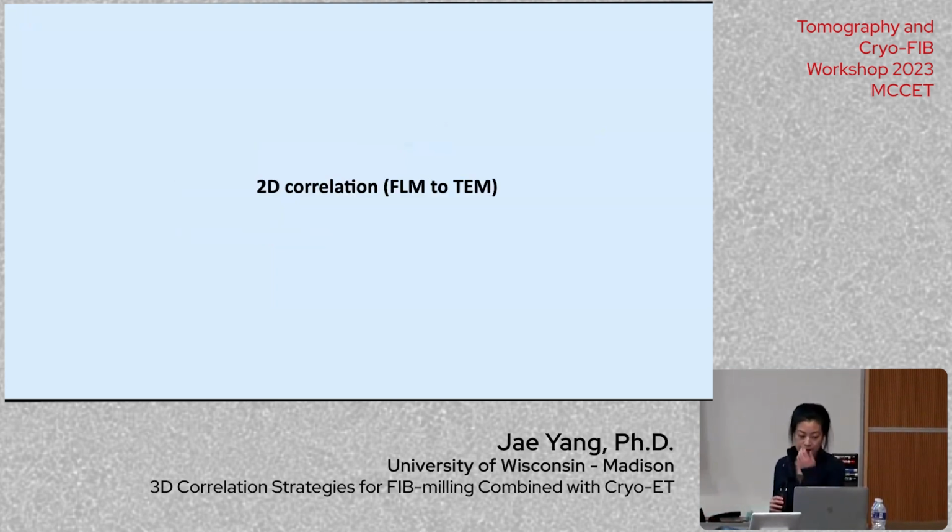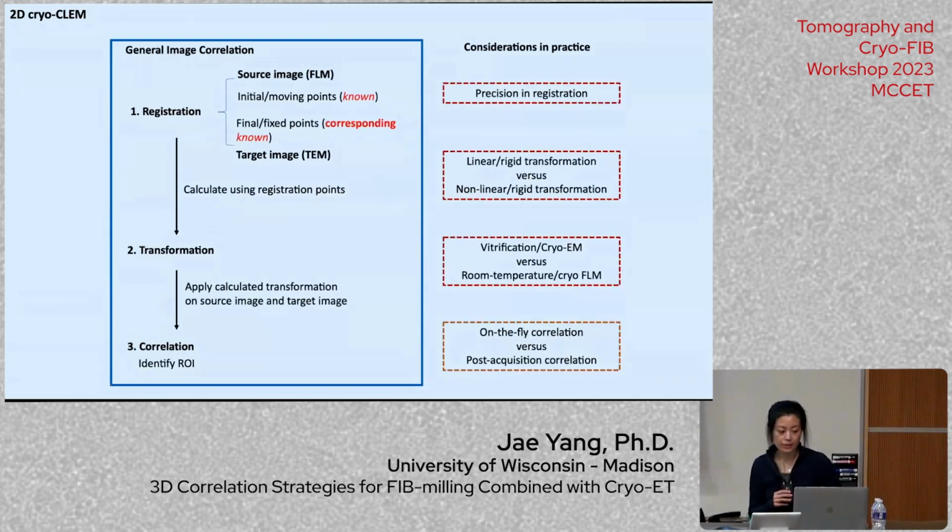So the 2D correlation. When you're talking about correlation, generally you will involve a process called image correlation. You will start with registration, transformation, and correlation. You need to pick a set of known corresponding points from both your source image and your target image, and use them as registration points. From the registration points, you can calculate a transformation function.